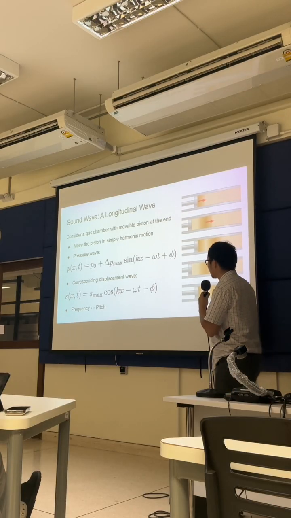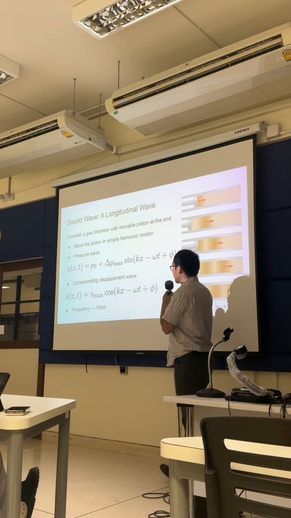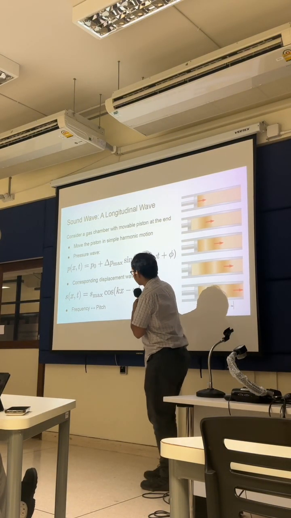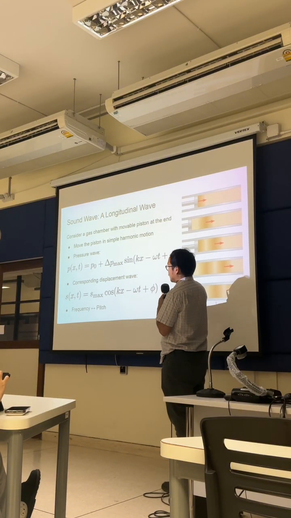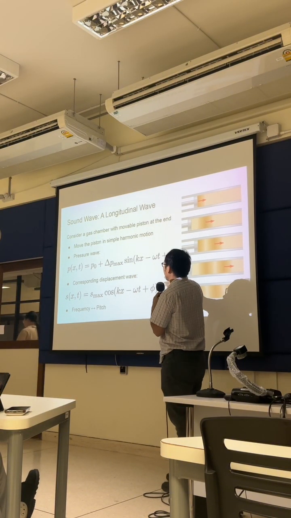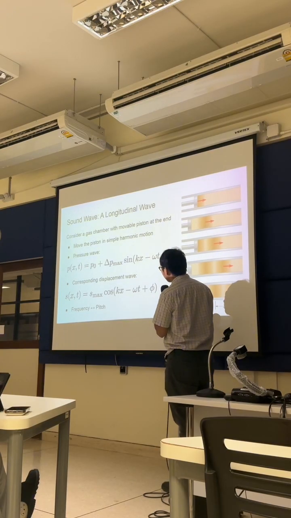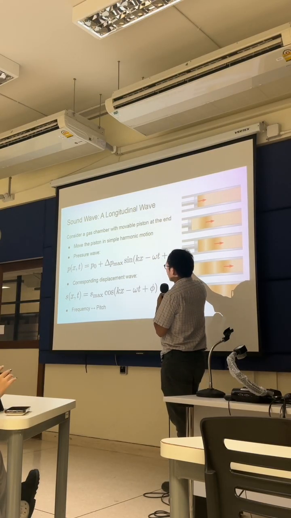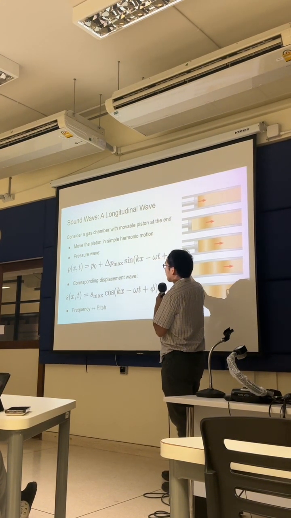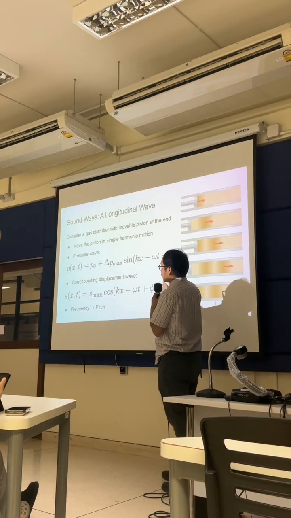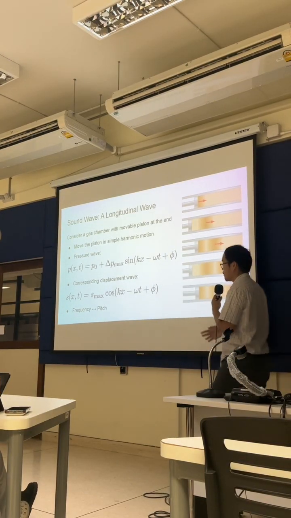Because the gas molecule is moving left or right with the displacement S, described by the cosine function here. The reason it is cosine and not sine is because you have to account for the fact that if your pressure is maximized or minimized, then your displacement is 0. But if your pressure is at the equilibrium P0, that is when your displacement is maximized, if you think about it, right?